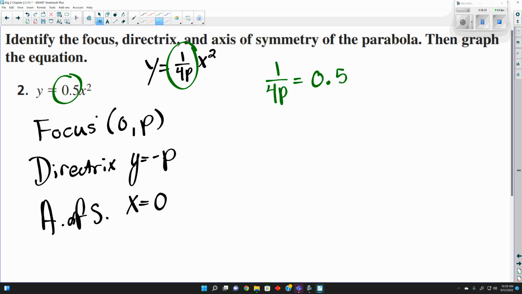And in the other ones, what did we do first? We multiplied both sides by what? 4p. And the reason we did this was because here the 4p and 4p would cancel, leaving us with 1. Now we're doing 0.5 times 4. 0.5 is the same as a half, yes?